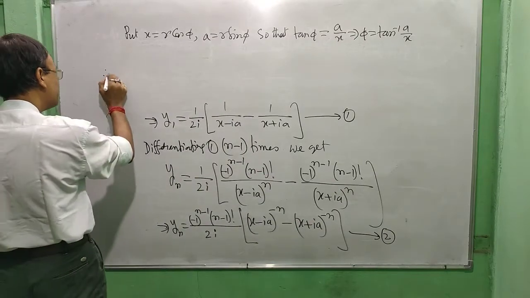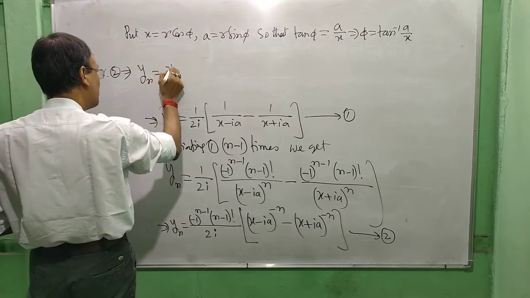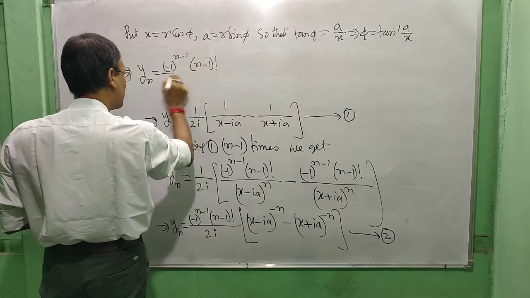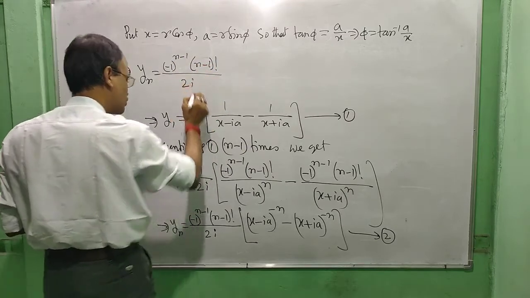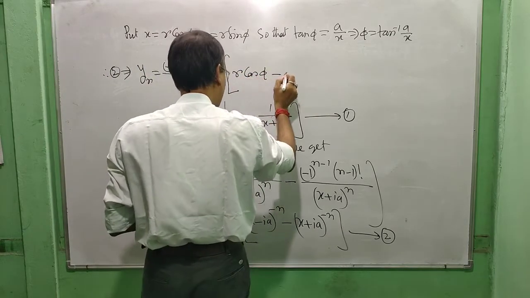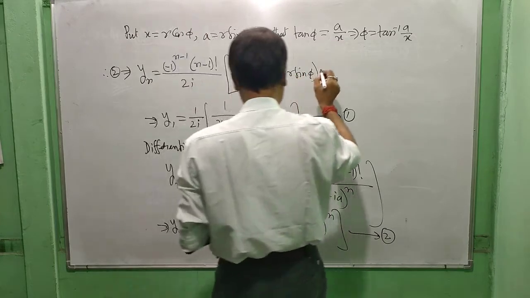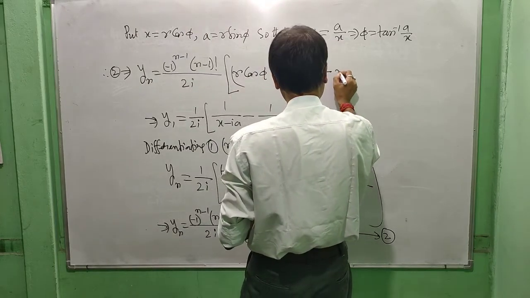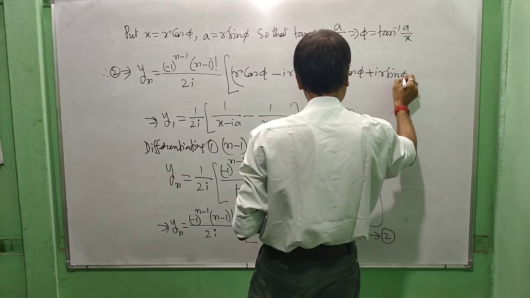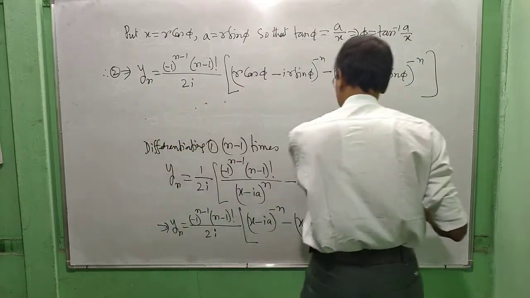Therefore 2 implies yn is equal to (-1)^(n-1) factorial n minus 1 divided by twice i, for x r cos phi minus i r sin phi whole to the power minus n minus r cos phi plus i r sin phi whole to the power minus n. You may write like this.